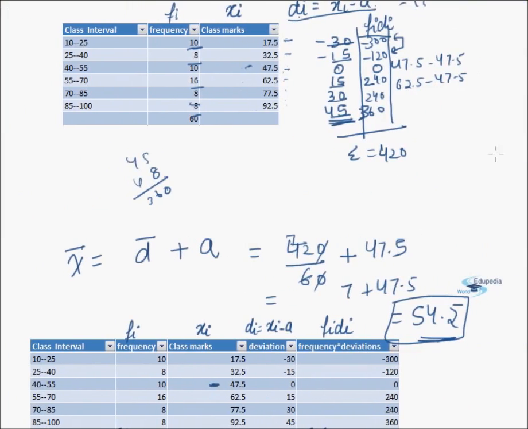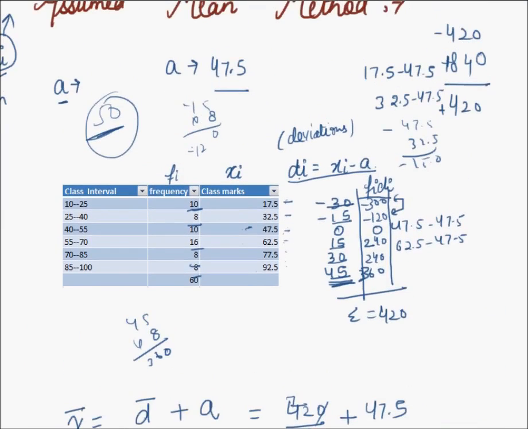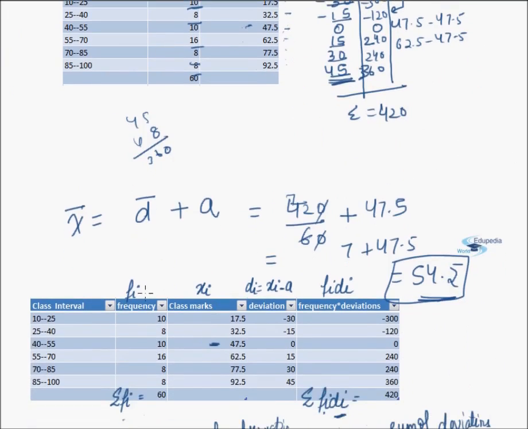So let us rewind what we have done so far in assumed mean method. First of all, instead of directly multiplying this frequency column by this class marks column, to simplify the calculations, we calculated deviation of class marks from an assumed value a, which was in our case 47.5.